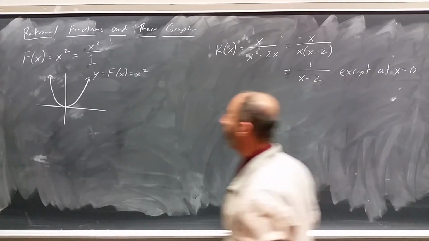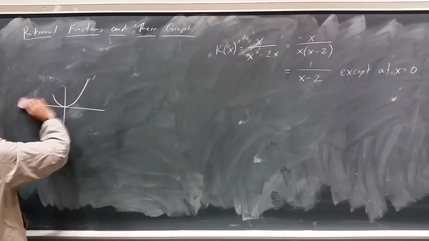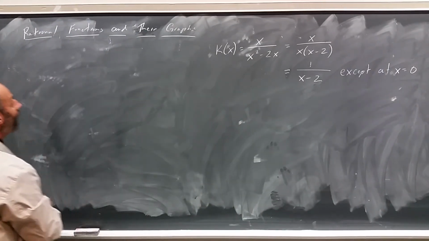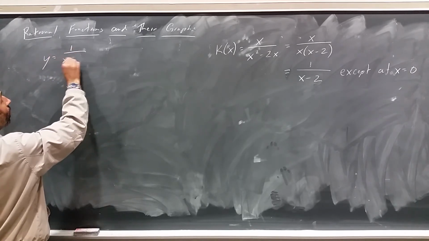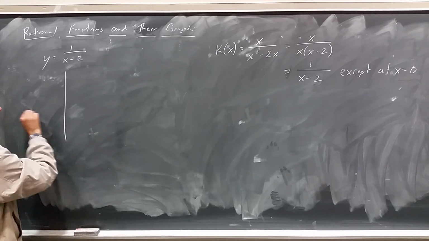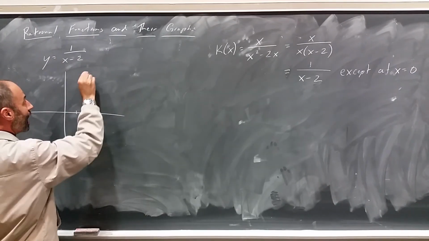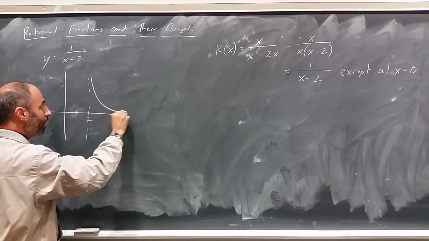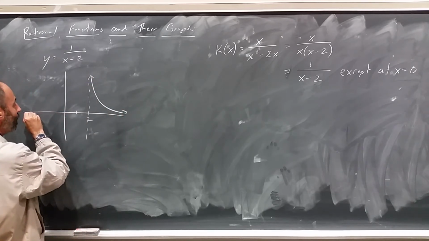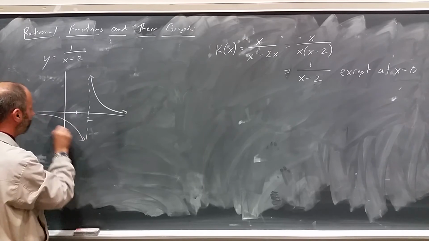We already know what y equals 1 over x minus 2 looks like. We know that has a vertical asymptote at x equals 2 and is shaped like a hyperbola.